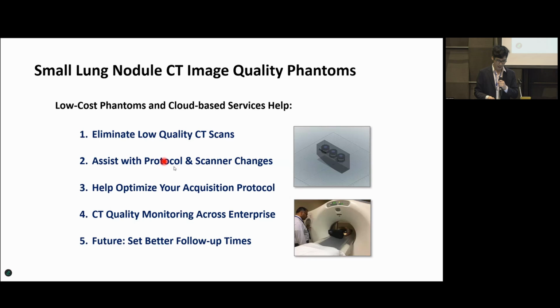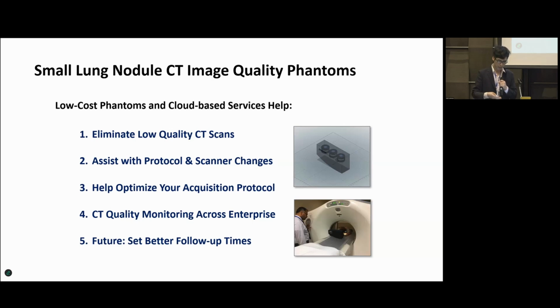And the second thing this allows is that you can actually quantify or understand what changes in your protocol have on the actual measurement performance. Until now, that wasn't really possible, especially without having this easy to use, low cost phantom. I think previously, you usually had to have a medical physicist interpret the scans.